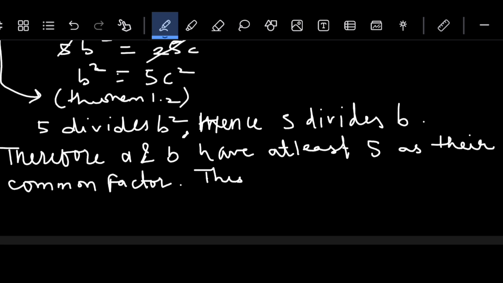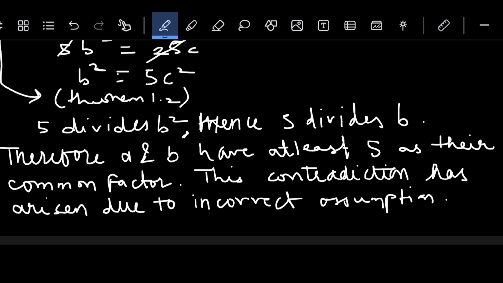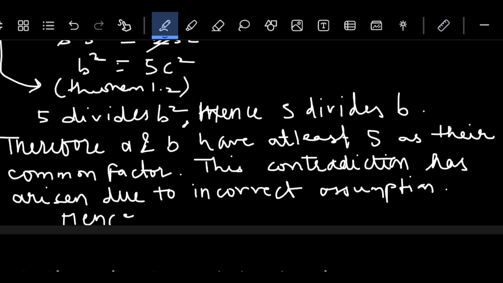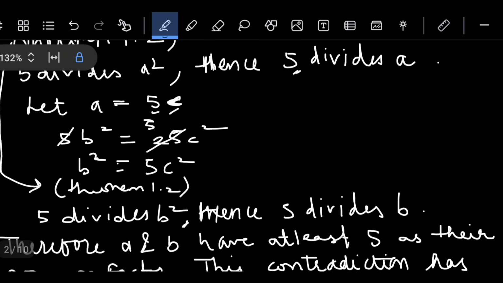This contradiction has arisen due to our incorrect assumption. Hence root 5 is an irrational number. Okay, easy. I hope you understood.